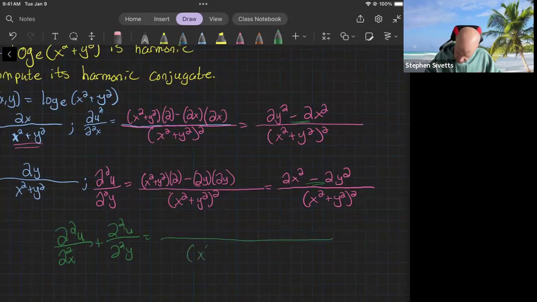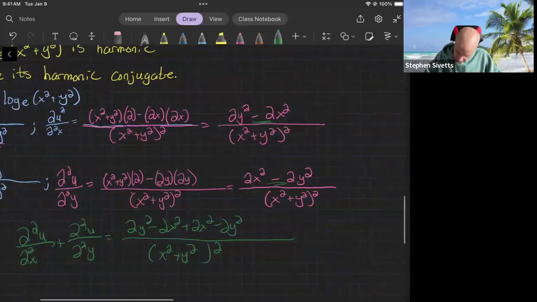So we'll have x squared plus y squared squared, and then we'll have 2y squared minus 2x squared plus 2x squared minus 2y squared. That gives us 0. So our function is harmonic.